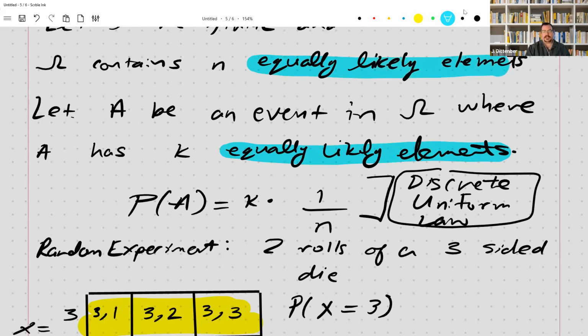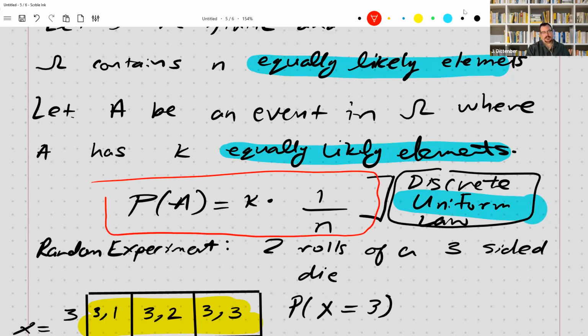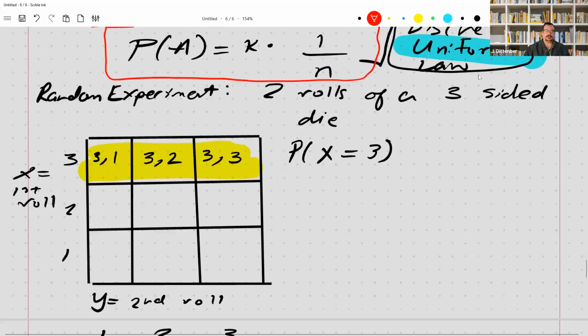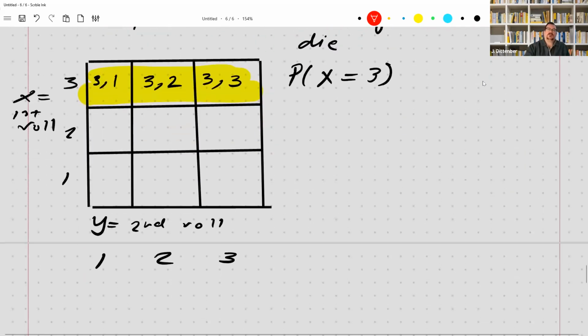If they're not equally likely, then they're not going to be uniform, and we can't necessarily apply this rule. If the probabilities are weighted or not equally likely, then we have to change our calculation.